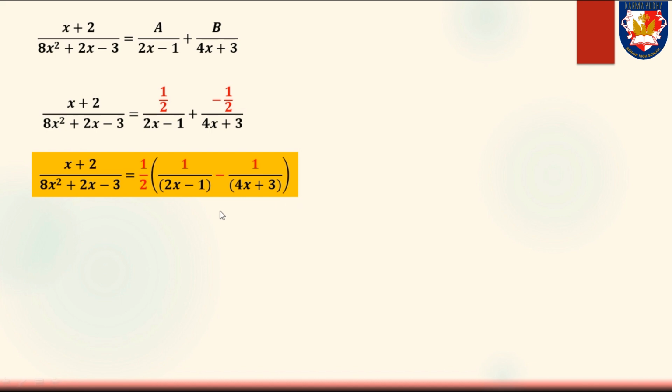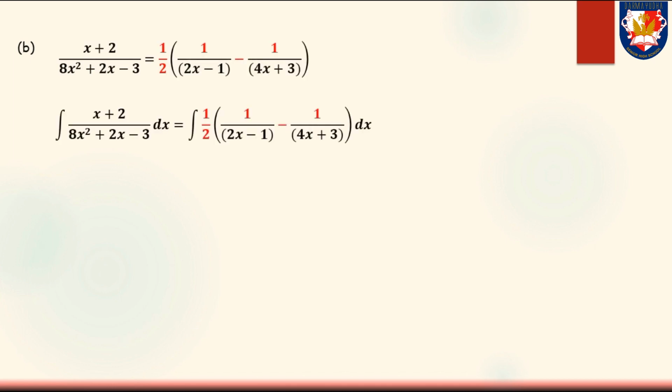And we will use this in the integral. For part b, since we have the partial fraction, the integral of x plus 2 over 8x squared plus 2x minus 3 dx equals the integral of 1 over 2 times 1 over 2x minus 1 minus 1 over 4x plus 3 dx.